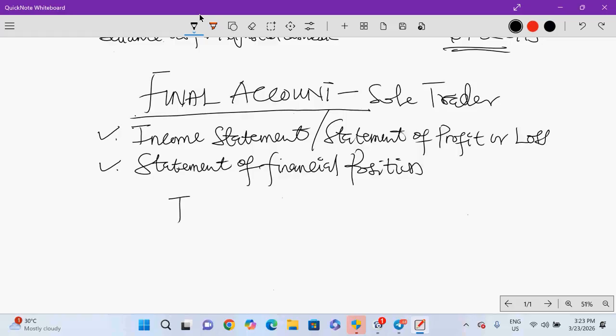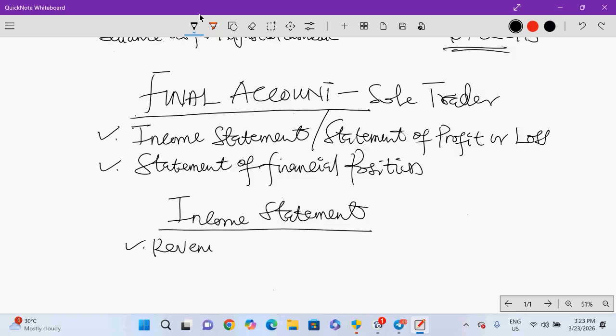If we take the income statement, what does it entail? The income statement looks at a firm's revenues against its expenditures for a particular period of time.